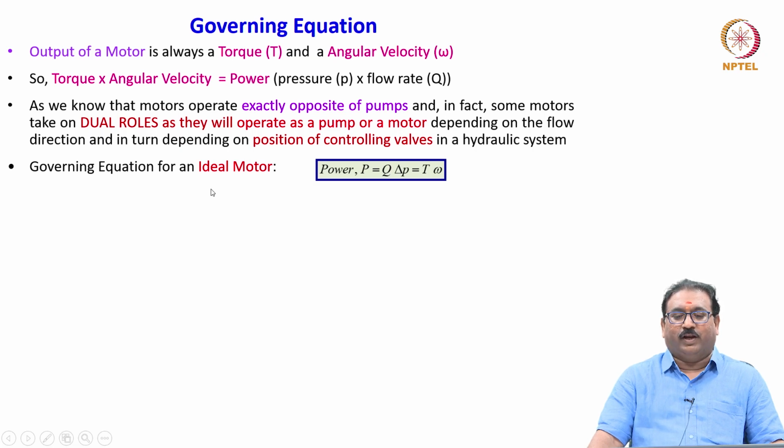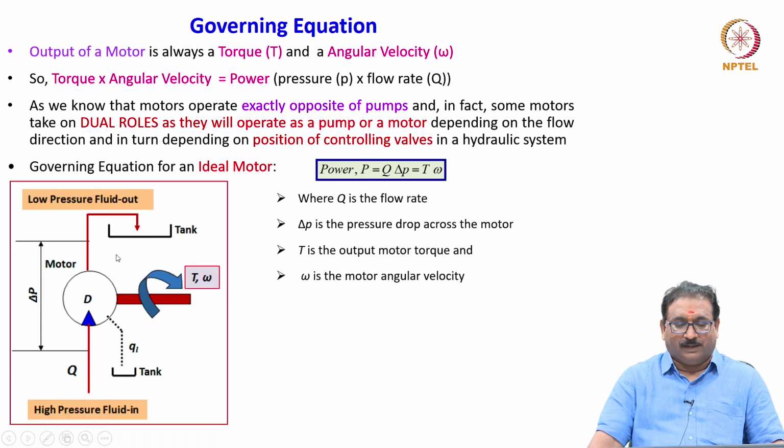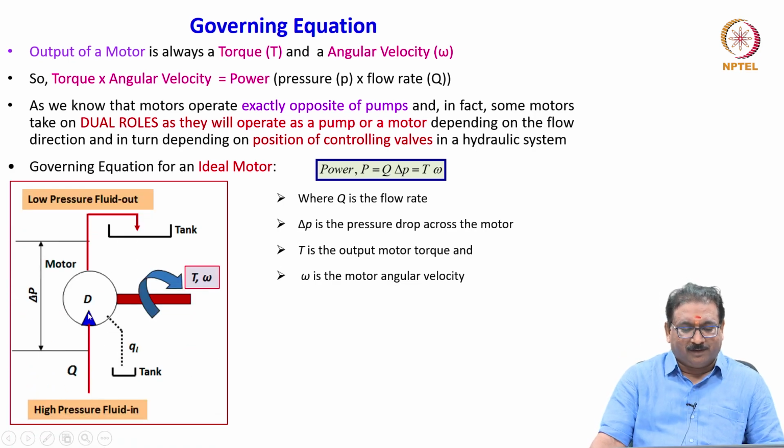Governing equation for an ideal motor is power P equal to Q into delta P. This is equal to torque into angular velocity. Here Q is the flow rate, delta P is the pressure drop across the motor, T is the output motor torque, and omega is the angular velocity. These things are represented in a simple diagram here.